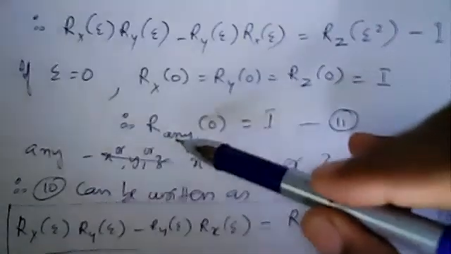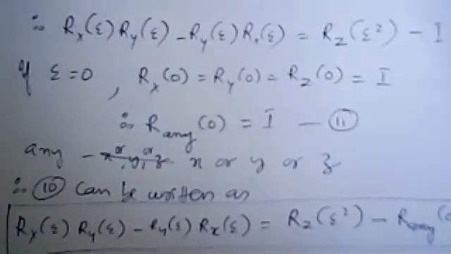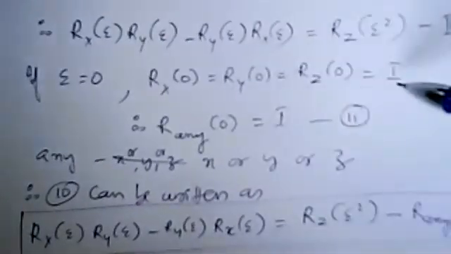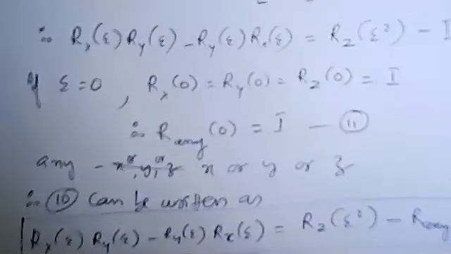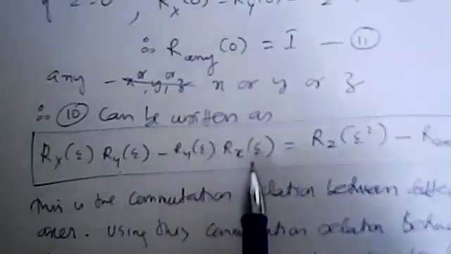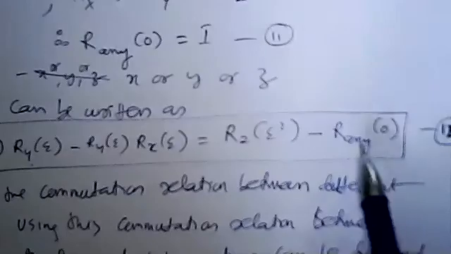So we can write R any axis, X or Y or Z, with 0 angle as I. I does nothing, it cannot do rotation. So instead of I, you can write R any 0. So in equation number 10, instead of I you can write Rx Ry minus Ry Rx with Z rotation equal to Rz of epsilon square rotation minus R any 0.